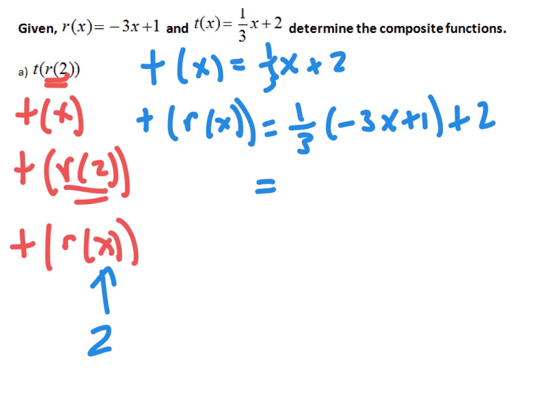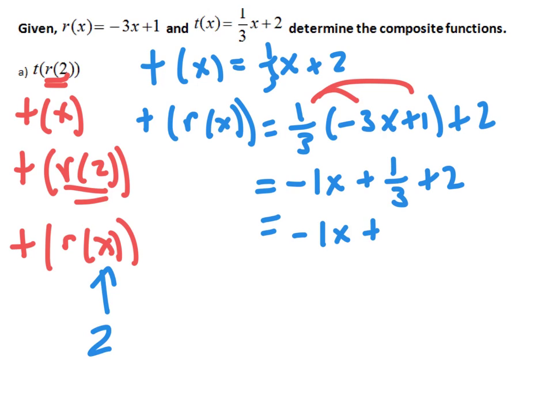And in multiplying that out, if I multiply this into those two spots, I get negative 1x, and then I get plus 1/3 plus 2, and that eventually results into negative 1x and 2 1/3.